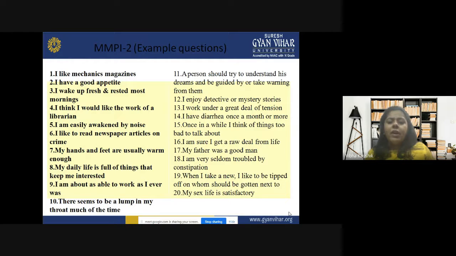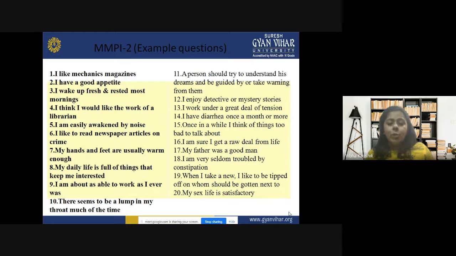I have diarrhea once a month or more. Once in a while, I think of things too bad to talk about. I'm sure I get a raw deal from life. My father was a good man. I am very seldom troubled by constipation.